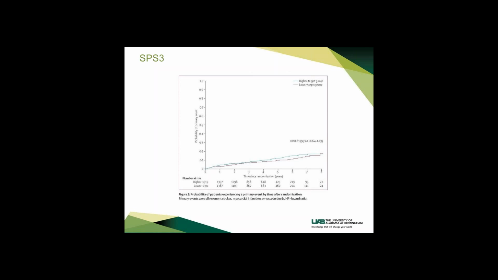And so do you think that there looks like a lot of separation in those lines? No. There doesn't look like it, but that's why we do statistical tests, right? We do statistical tests because our eyes can't really tell us whether or not there really is a difference. And so what we found in this analysis, the hazard ratio is 0.81. Okay, so that indicates that those in the lower group were 20% less likely to have an event than those in the higher group.